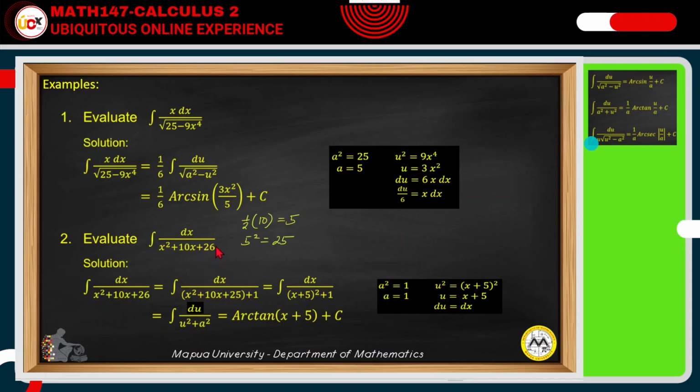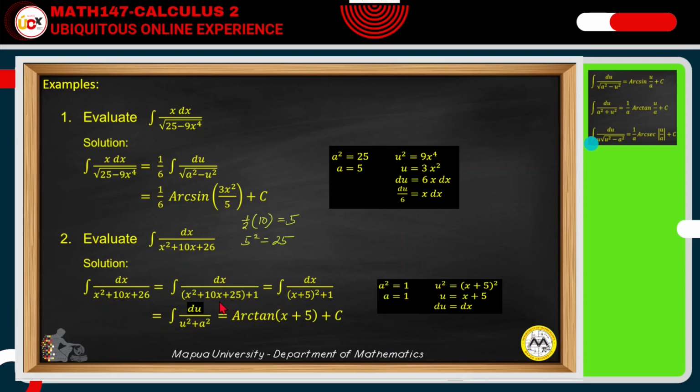But since the constant term is more than 25, you divide this into two parts. So the first part is 25 and the second part is 1. Then you combine 25 with the first two terms to form a perfect square trinomial.